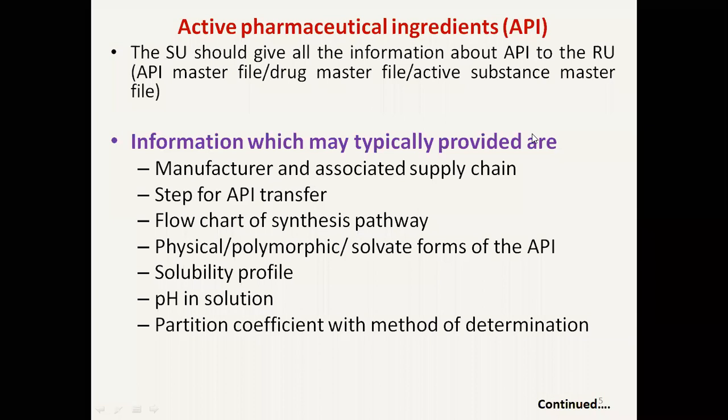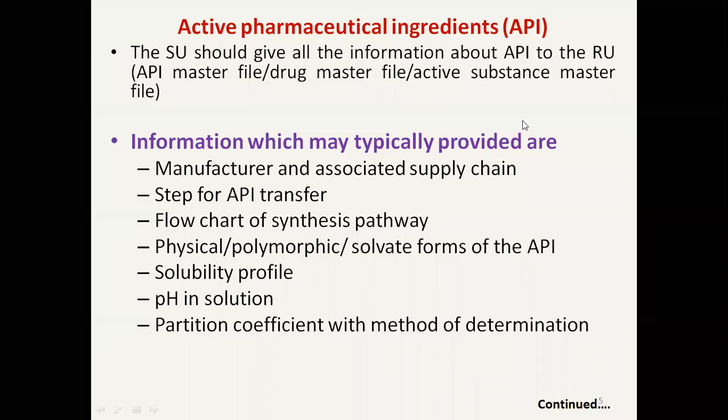API master file, we call it API MF, or drug master file, or active substance master file, or equivalent information and any other relevant additional information on the API. Means all the information related to the APIs should be provided to the RU.